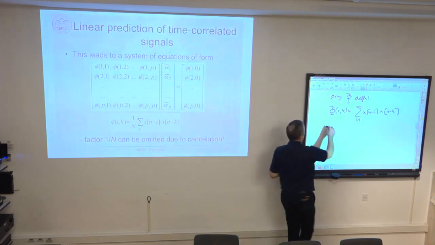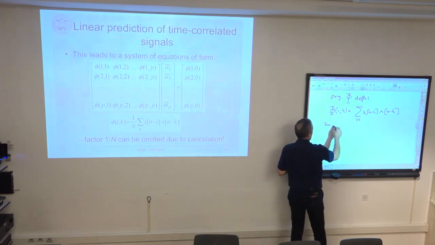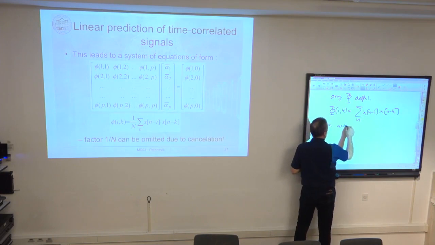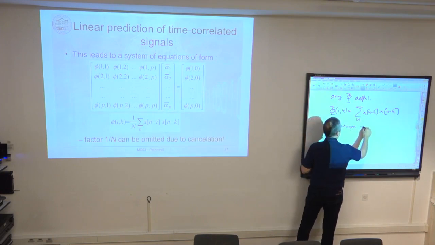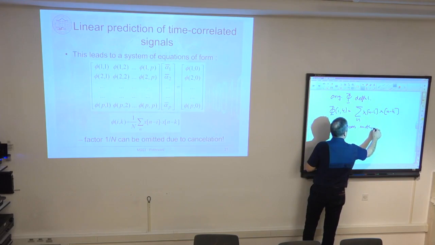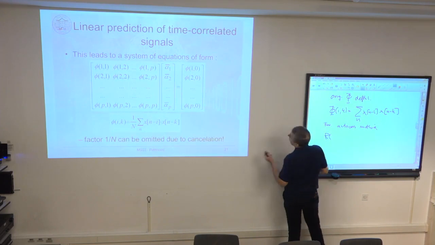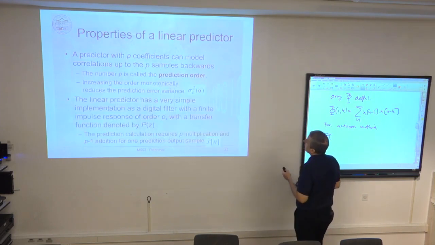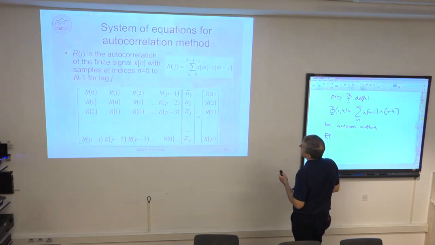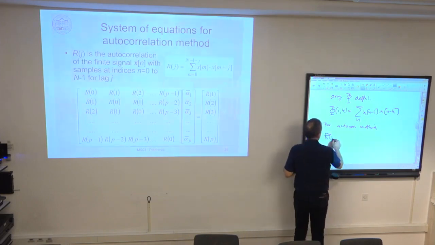And now for the autocorrelation method, we use R of j.